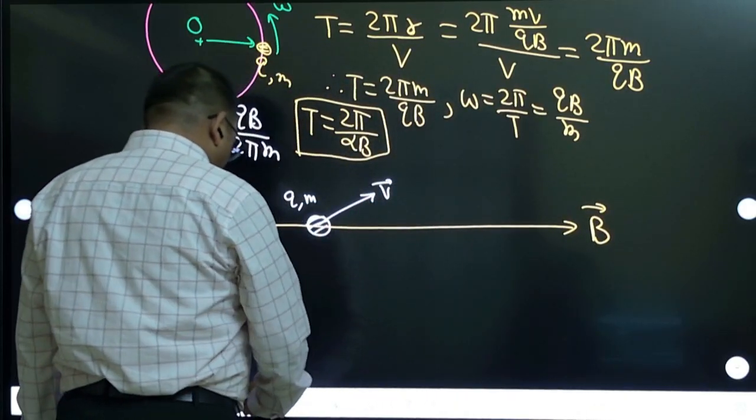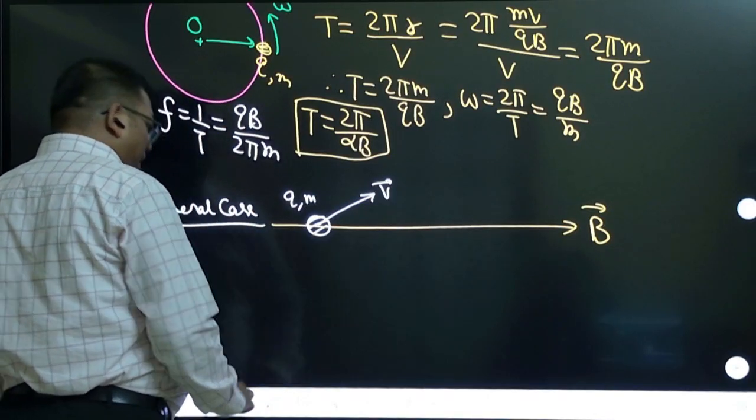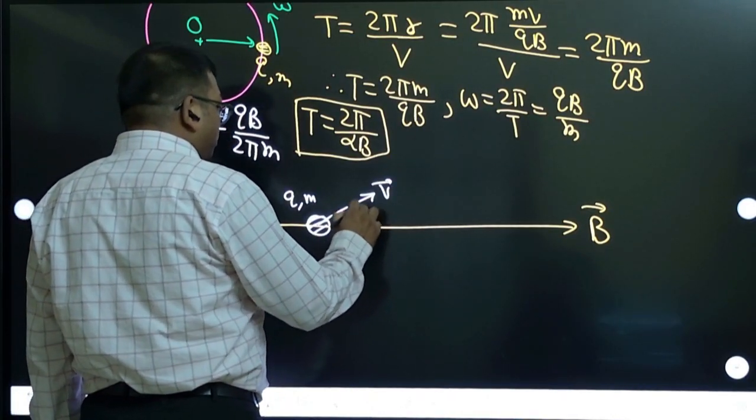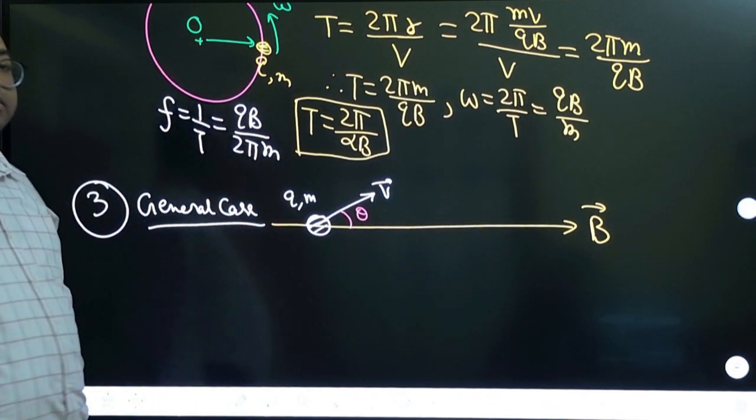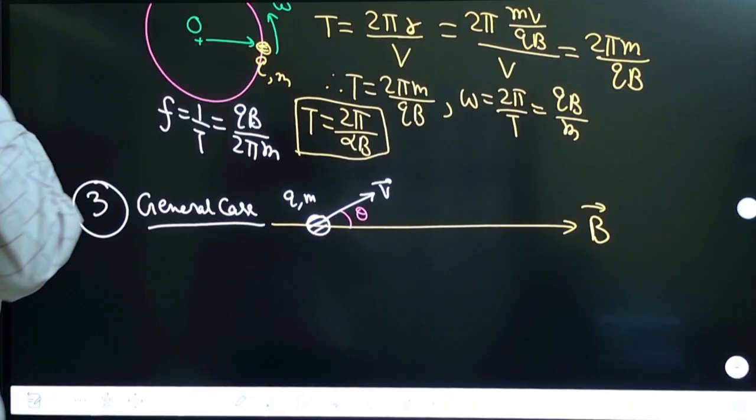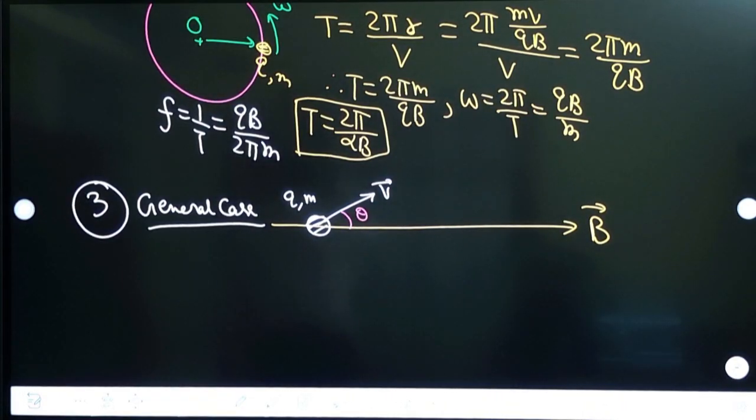Now this theta can be any value of angle except 0 degree, 180 and 90, because those cases we already have taken. So this is some angle which is neither 0 nor 180 nor 90 degrees, some other angle.